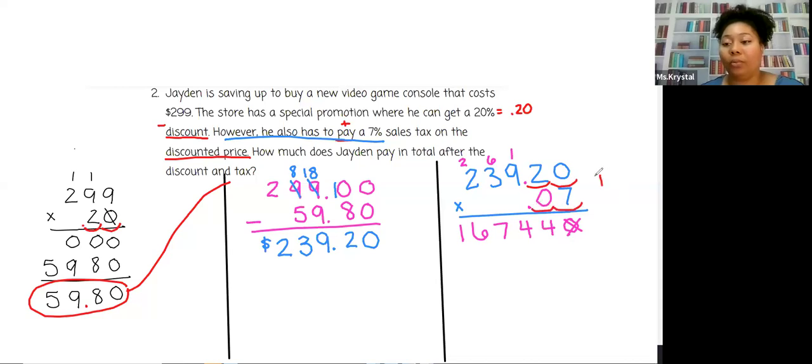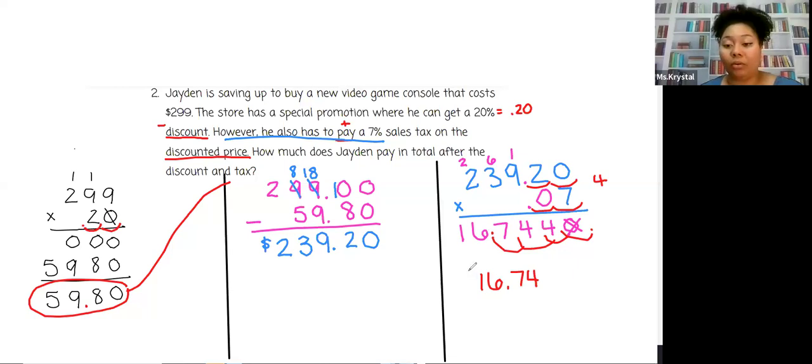So this is 4 places total. So here we go. 1, 2, 3, 4. Lots of counting, lots of jumping, but the decimal now ends there. What would that be, you ask? $16.74. We would round up or round down depending on the 4 beside it. Since it's a 4 beside it, we're just going to round down, keep it the same as 74.